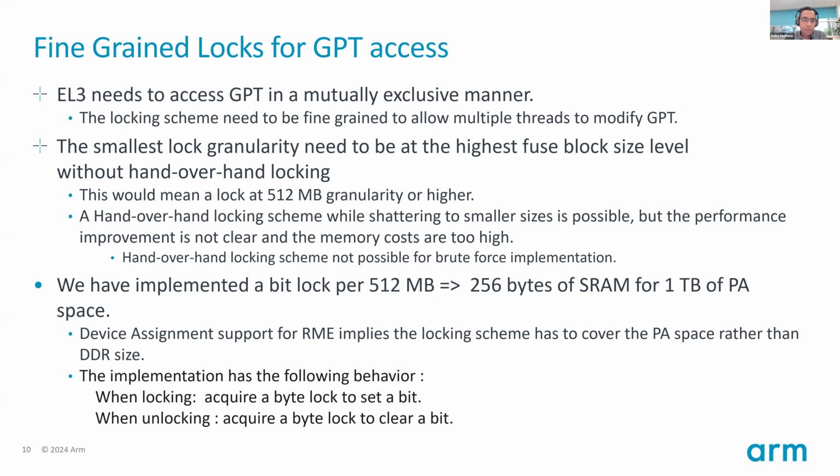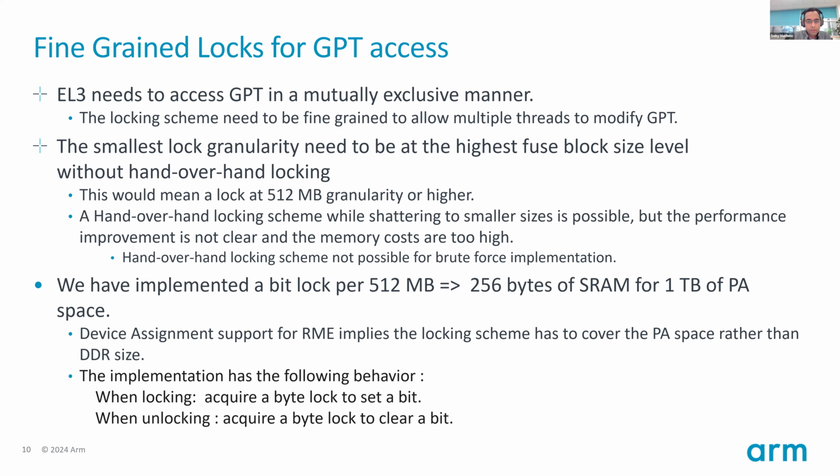The memory cost is also another important factor. So today, in TFA we've implemented a bit lock, a bit per 512 MB, which translates to about 256 bytes of SRAM for one terabyte of PA space.